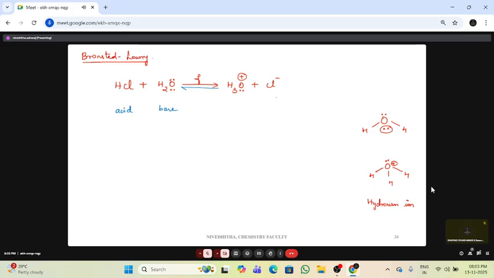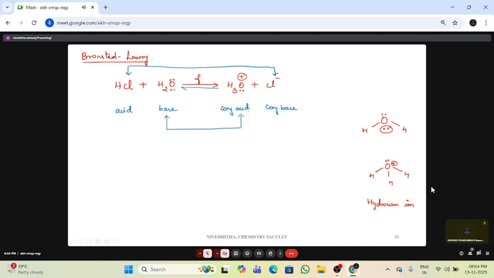So Cl minus is considered to be your base and H3O plus is called an acid, right? So this is called the conjugate acid and this is called the conjugate base. So this HCl, this acid, and this conjugate base, this is a pair. Similarly, H2O and H3O plus, base and conjugate acid, this is one pair.